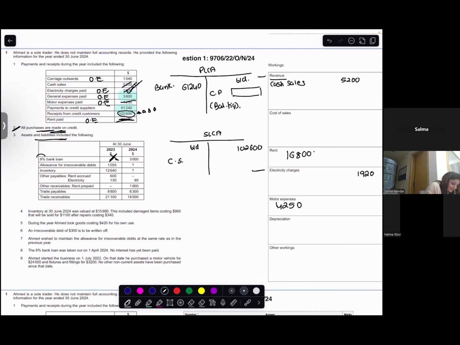Whenever there is a percentage sign, interest is a hidden adjustment. This you should remember. Whenever there is a percentage sign, interest is a hidden adjustment. And when you are going to calculate the interest, you would always see if it is for the whole year or you have taken it in the middle of the year. Please go and check whether it is for the whole year or it's been taken in the middle of the year.